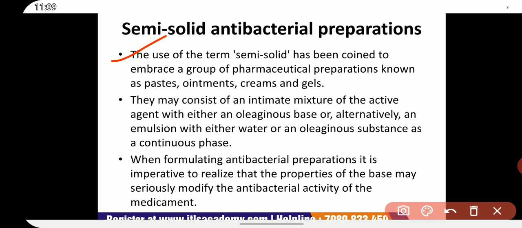The term semi-solid has been coined to embrace a group of pharmaceutical preparations known as pastes, ointments, creams, and gels.